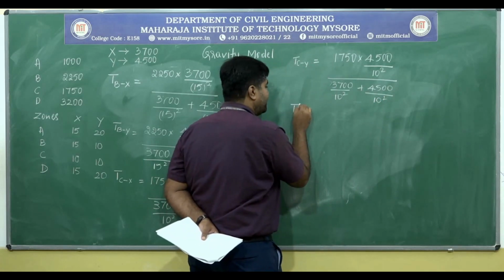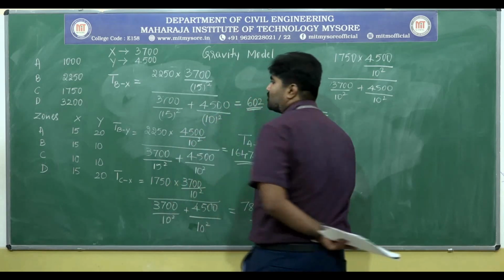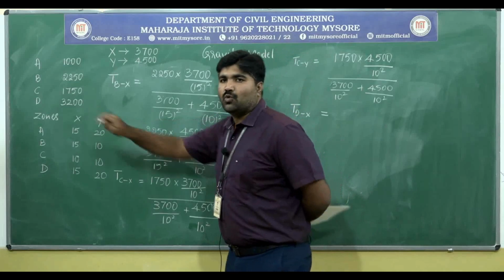Similarly, from D to X, the trips generated in zone D, that is 3200.